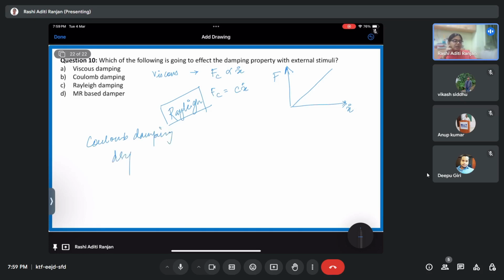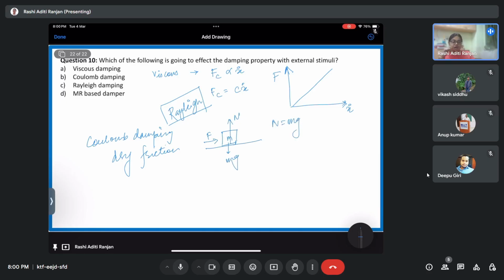Coulomb damping is nothing but dry friction, which we have been studying since a long time in physics, where we have a mass kept on a rough surface, and now if I apply a force F on this mass, it has a weight mg, and a normal force N, and we know N equals mg.